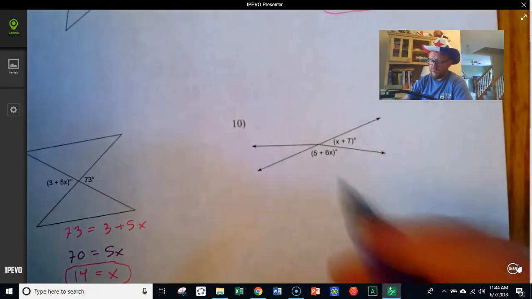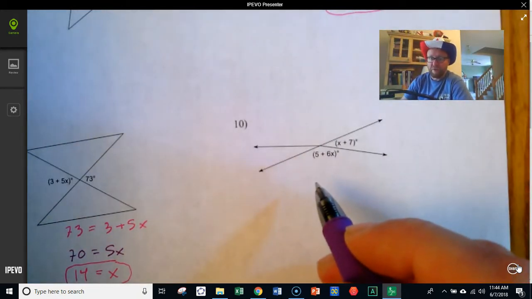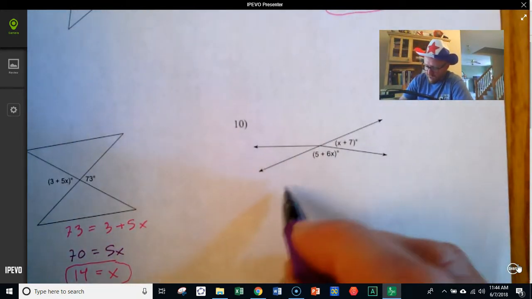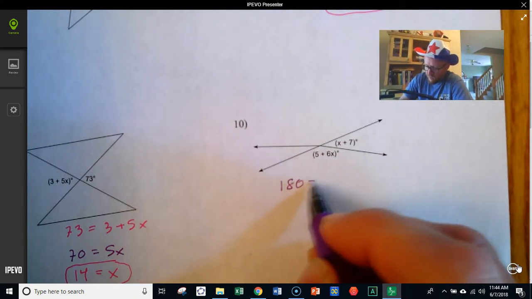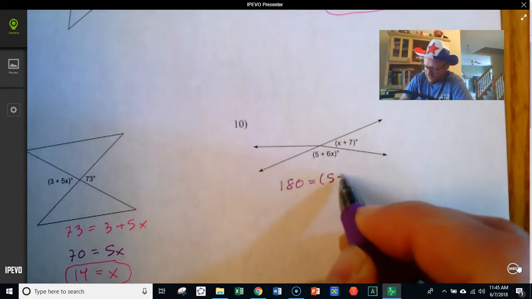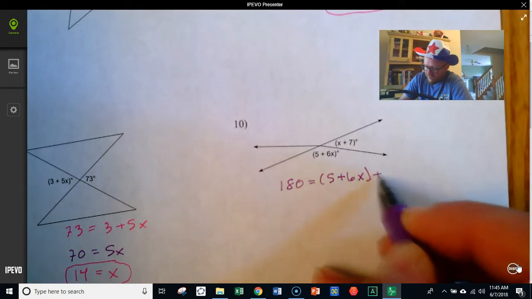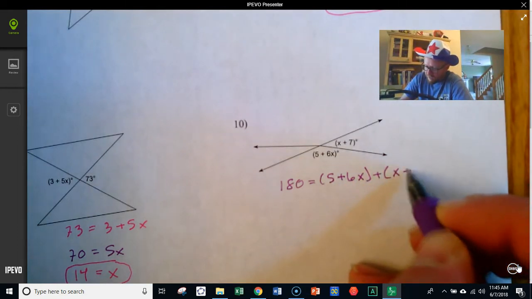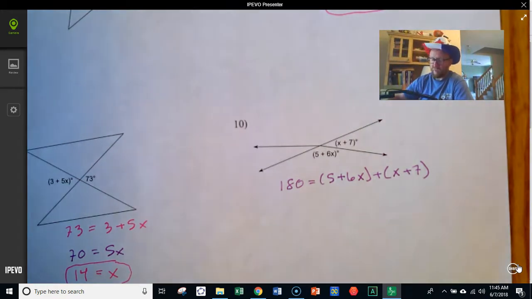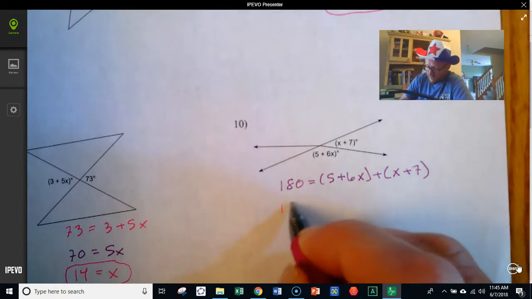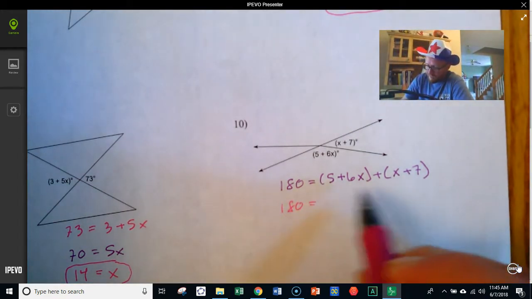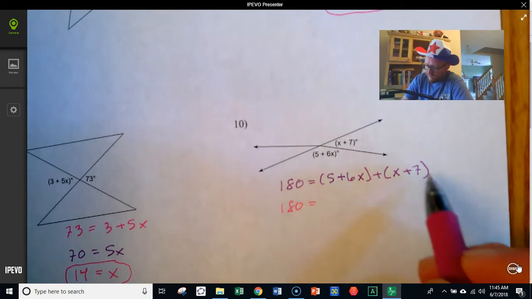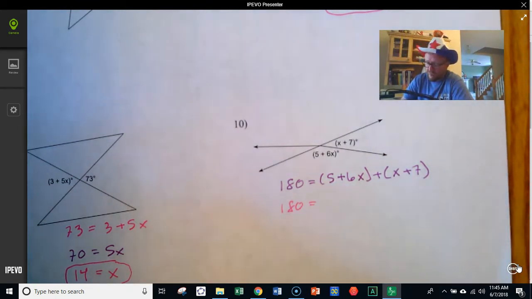All right, here, these two are a linear pair, so they add up to 180 degrees. So we have 180 equals 5 plus 6x plus x plus 7. So we've got 180. I've got the 5 and the 7, just combining like terms, leaving the 180 alone for now.